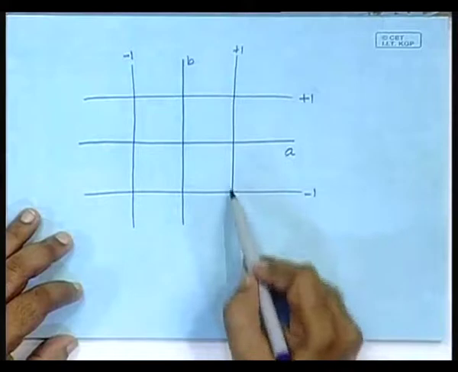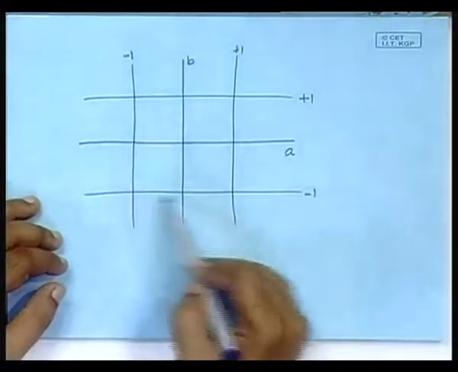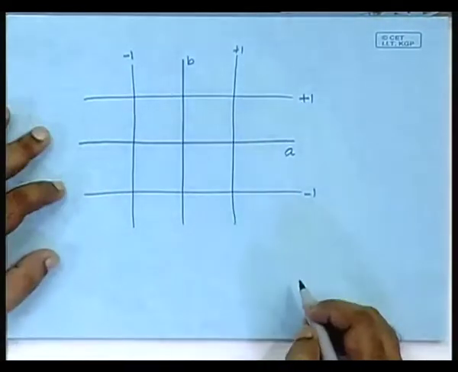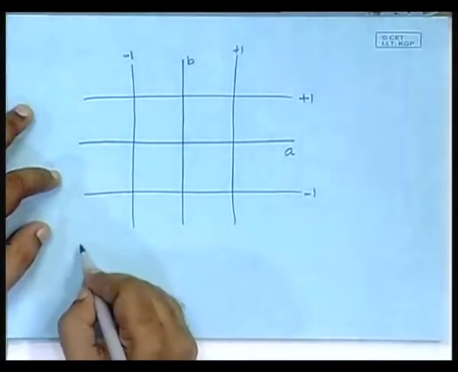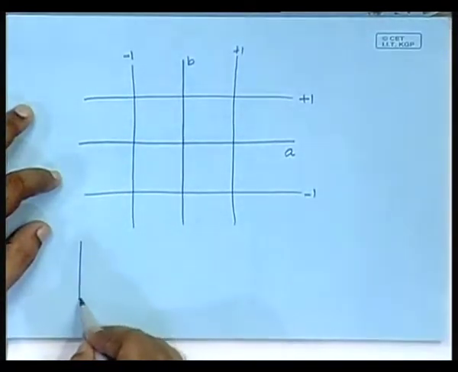We had explored this part. Just to recall what happens in this part: if you draw the bifurcation diagram, it would be something like this. I am now drawing the bifurcation diagram.